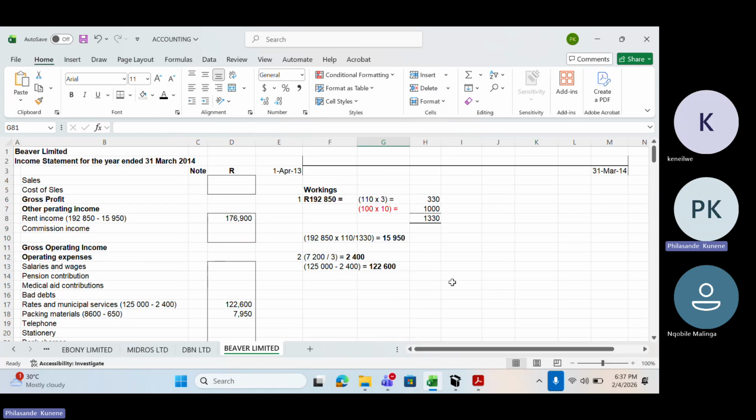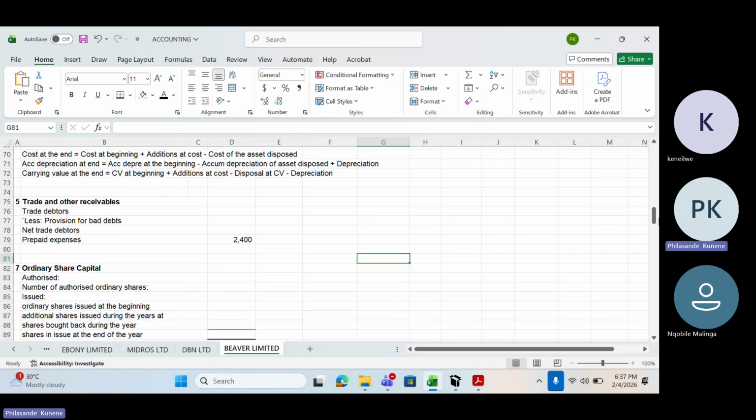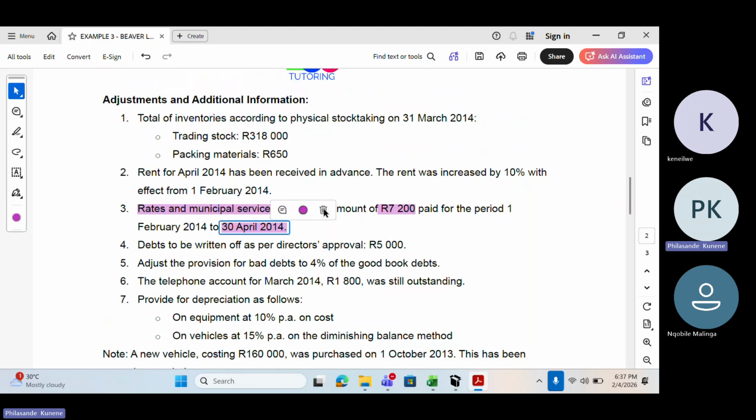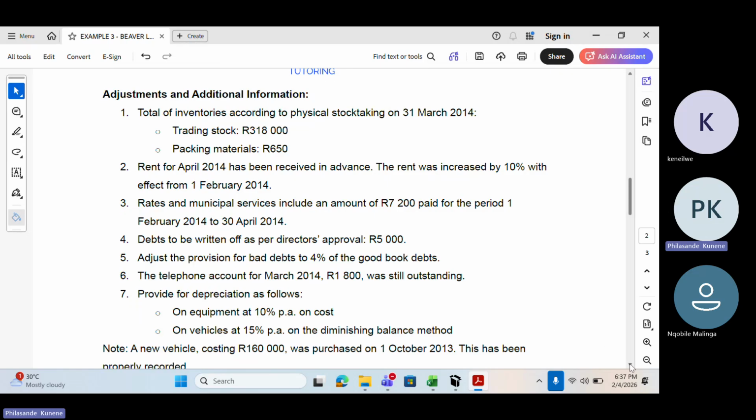I have to go and record it in the balance sheet as part of my trade and other receivables. I have prepaid expense here, which is 2,400 rands. Okay, I hope you guys are following. Then we're done with this transaction. Now we move on to number 4.